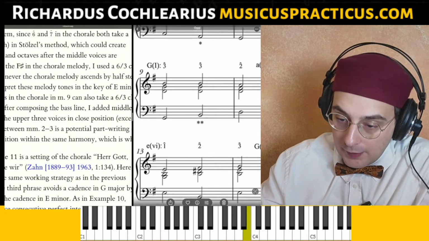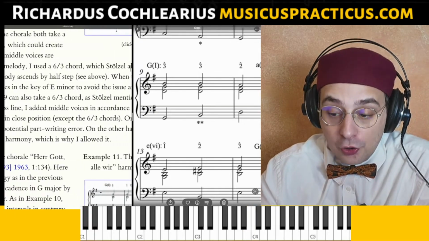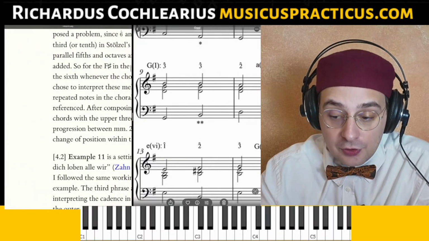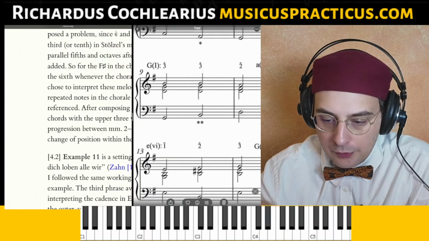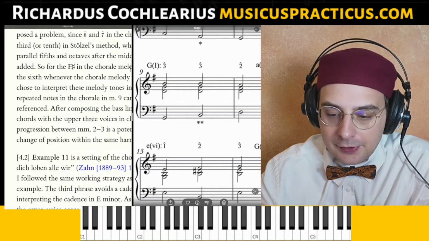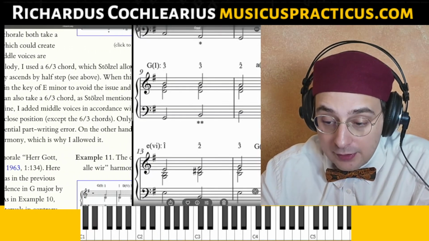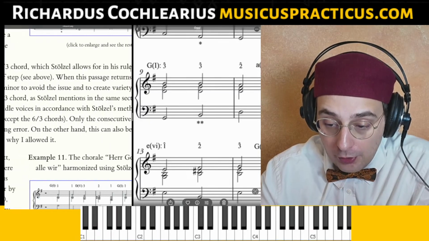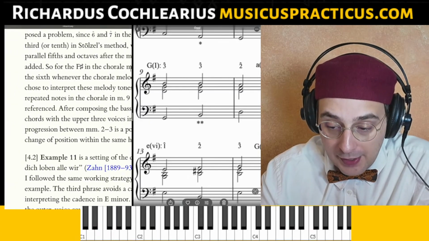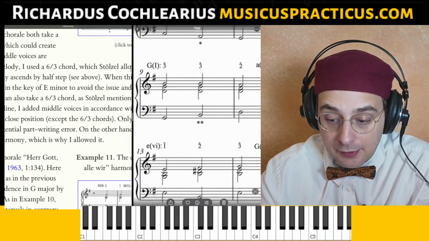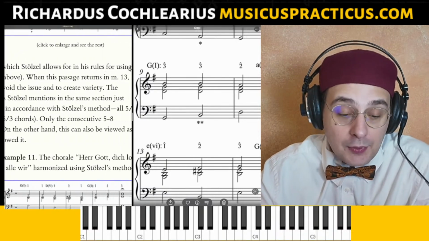here, can also take a 6-3 chord, as Stölzel mentioned in the same section, just referenced in the previous episode of this little series. After composing the bass line, I added middle voices in accordance with Stölzel's method. All 3-5 chords with the upper three voices in close position, except the 6-3 chords, especially when we have the sixth, of course.